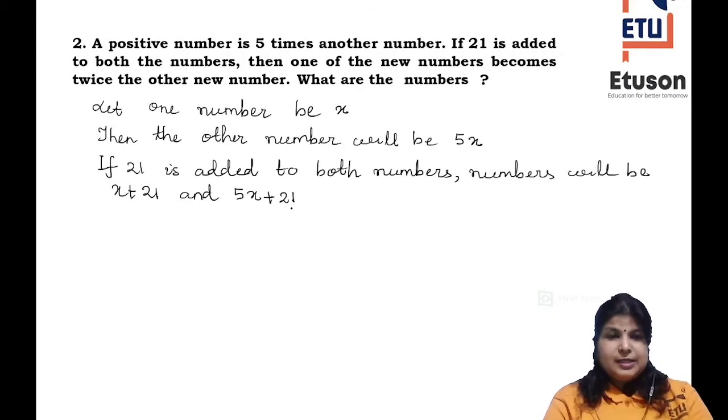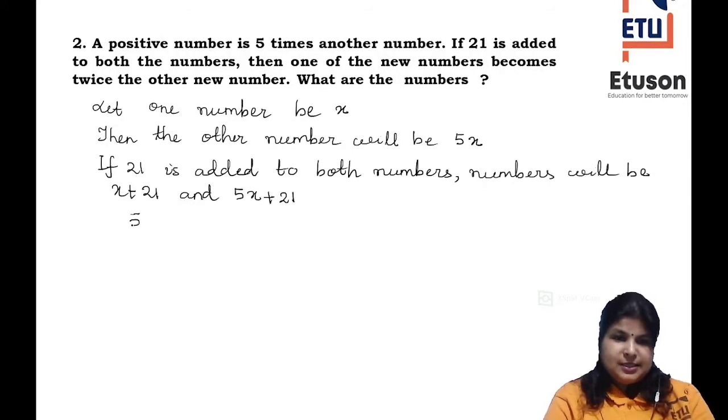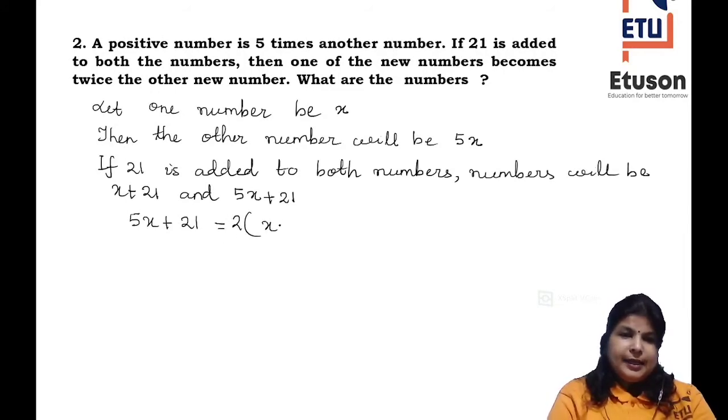So what is the relationship between 5x plus 21 and x plus 21 now? One of the new numbers becomes twice the other new number. So the equation is 5x plus 21 is equal to what? Twice the other new number. So 2 into (x plus 21).